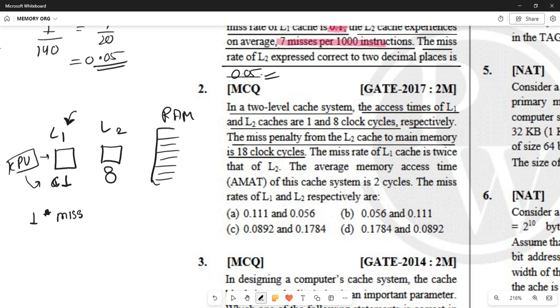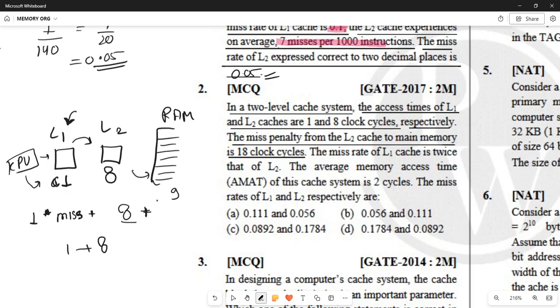The miss probability will happen, and after the miss has happened, the miss penalty will be 8 clock cycles. So 1 plus 8, this will be the total miss. Then there will be RAM, so 9.